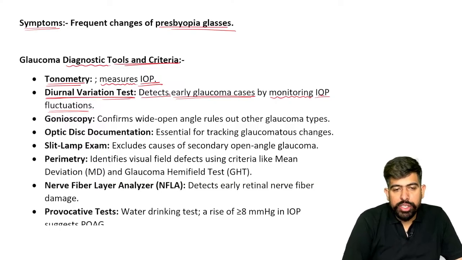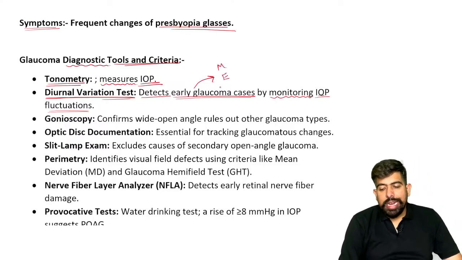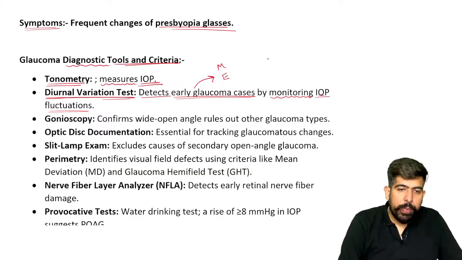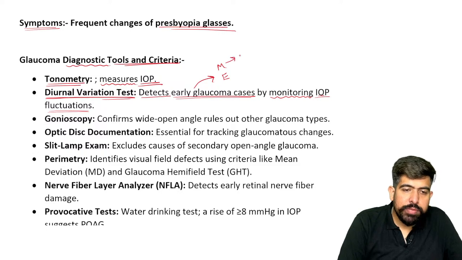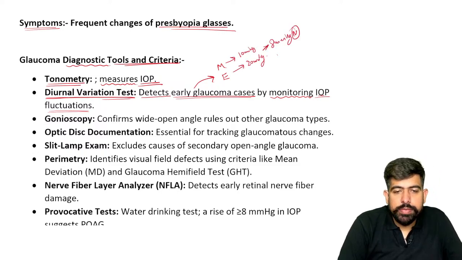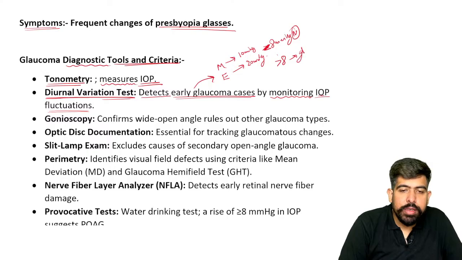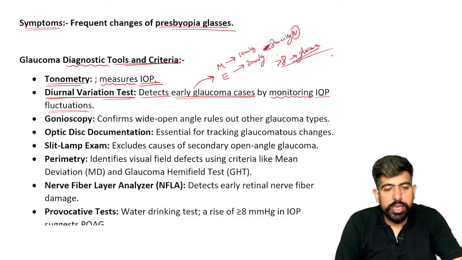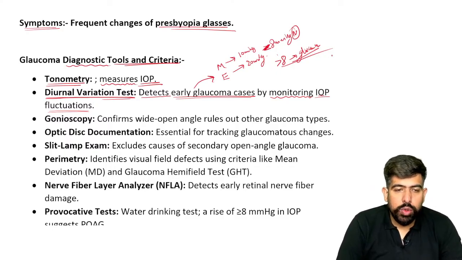If I do the glaucoma test, the tonometry, on a patient twice, in the morning and evening, and in the morning I get 10 mmHg, this is the less than. If the variation is more than 8, it is glaucoma. So it is a feature of glaucoma. Please remember it.